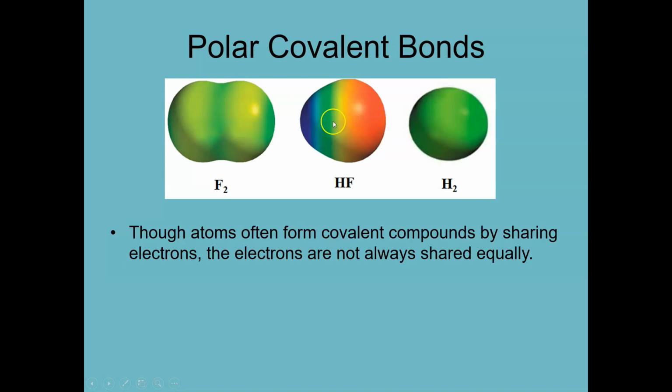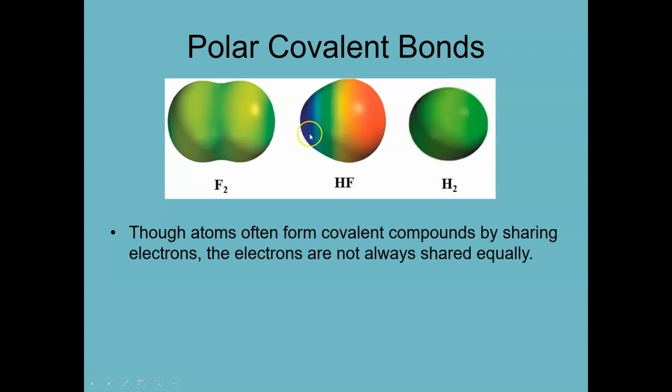density. But in the hydrogen fluoride molecule, which is what you get when you bond hydrogen to fluorine, you get a very polar bond. You get a molecule in which the fluorine side is very hot, lots of electron density, and the hydrogen side is very cold, very low electron density.